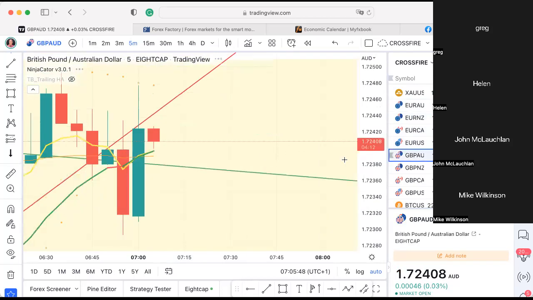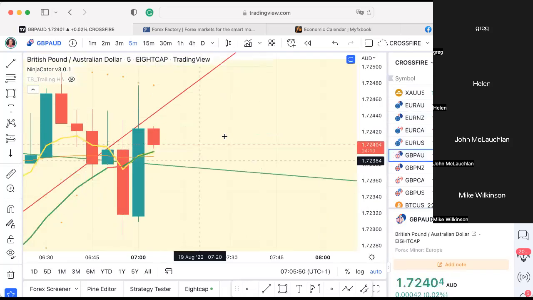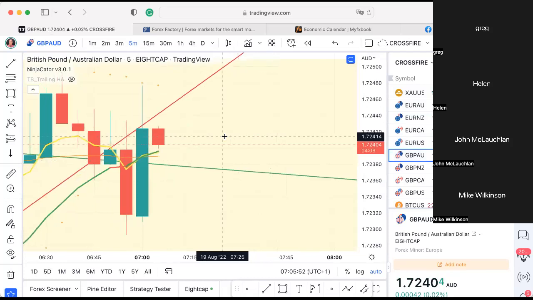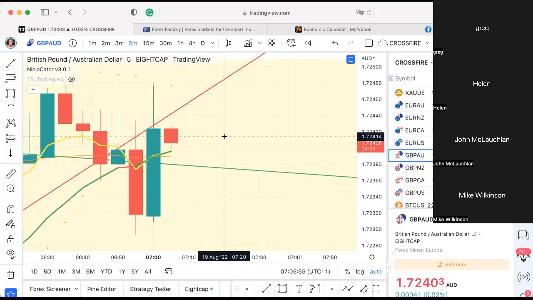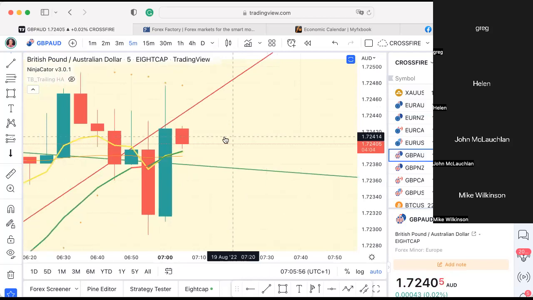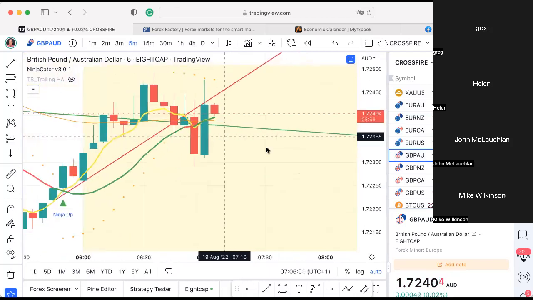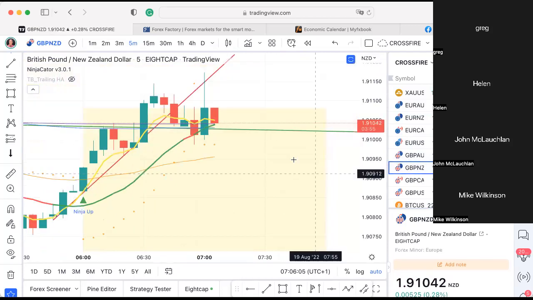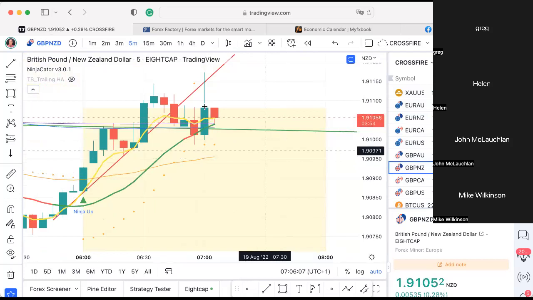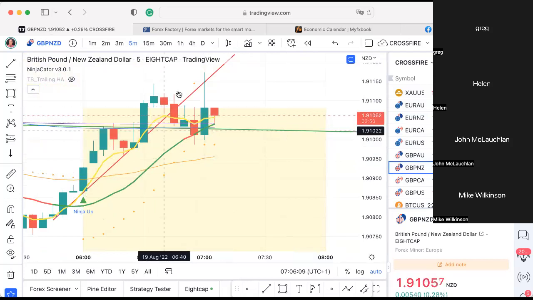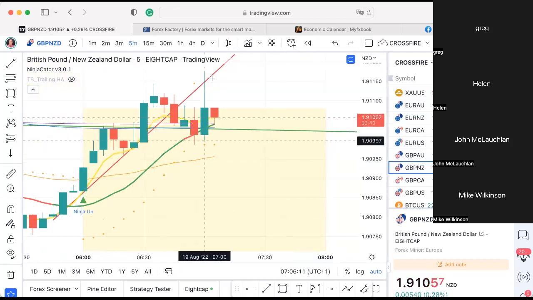GBP/AUD. Once this news settles down, we might actually get some proper action. That's looking very much like consolidation, isn't it? With a wick up there to take out your stop losses.